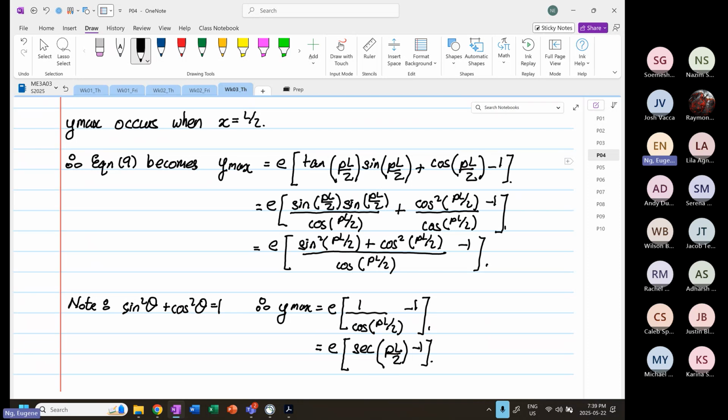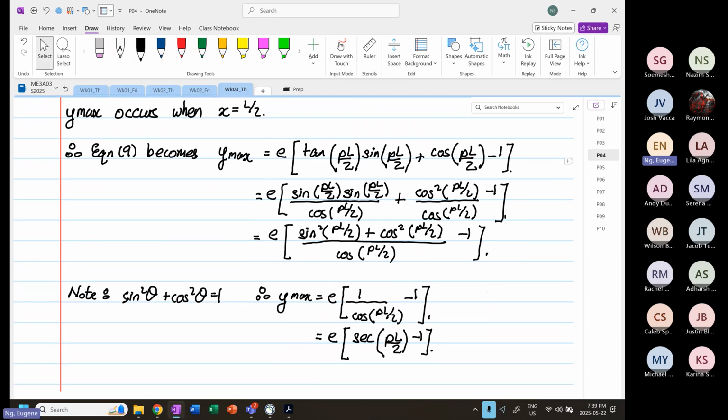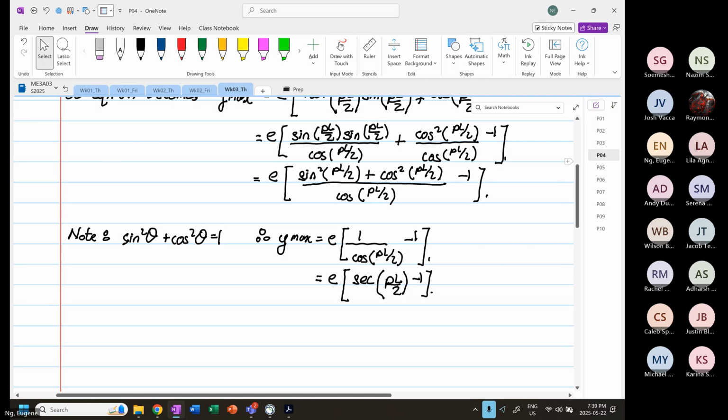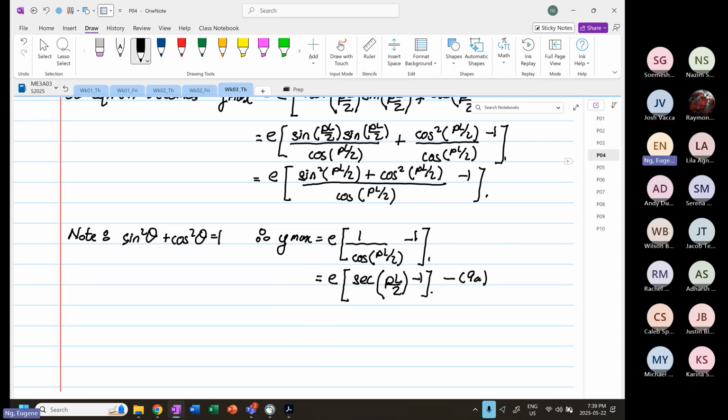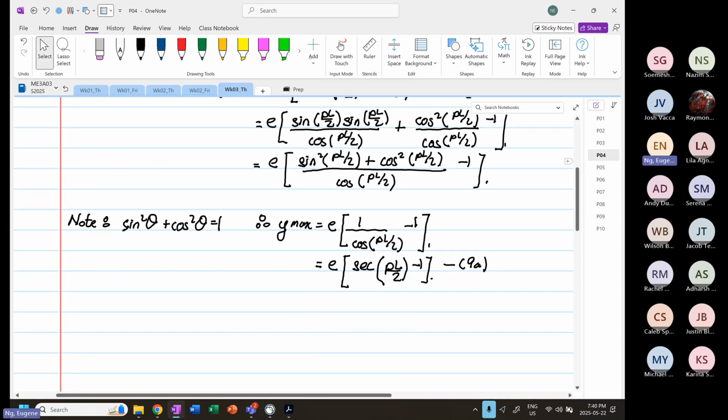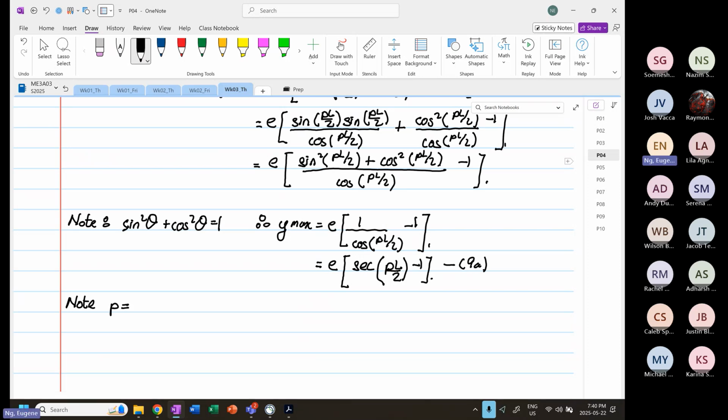So that is our Y max. Okay, and then this will be our equation 9a, right? Now if we were to consider, or note, we know that earlier we wrote that small p is equal to square root P over EI.